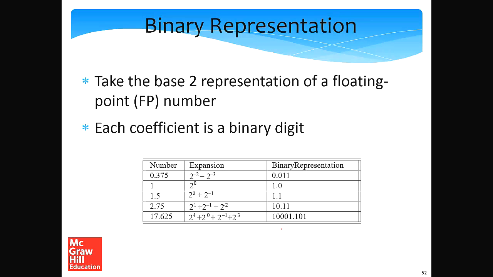So we take the base 2 representation of a floating point number. What we have done here is that we have replaced base 10 by base 2 everywhere. Just one small correction here. This should have actually been minus 3.